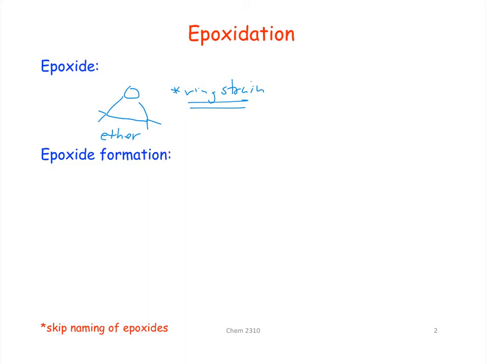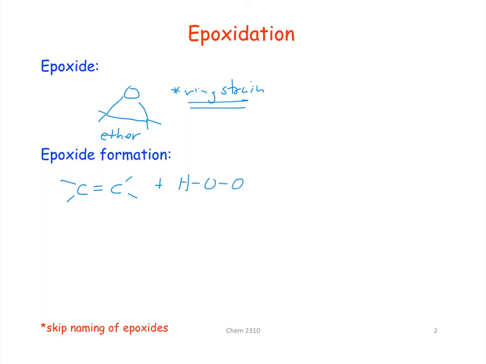The way that an epoxide ring is formed is starting with an alkene. And we're going to react this alkene with something called a peroxycarboxylic acid.